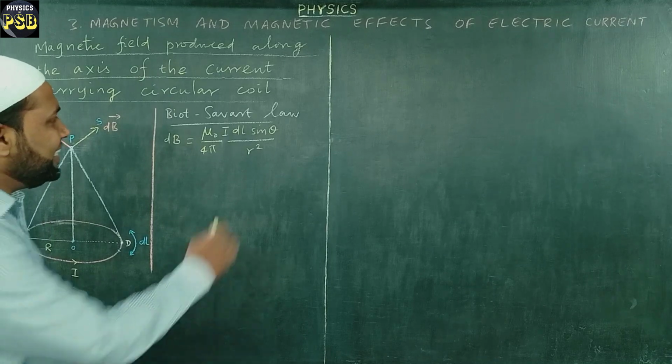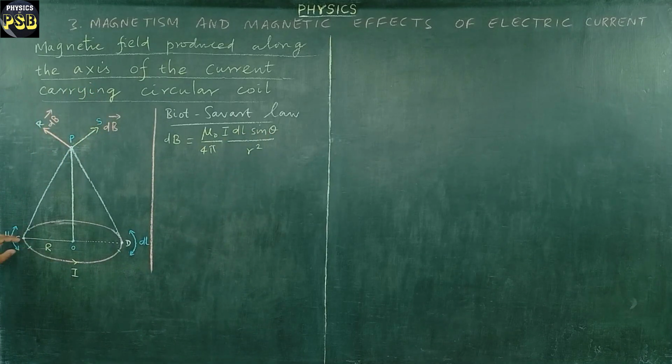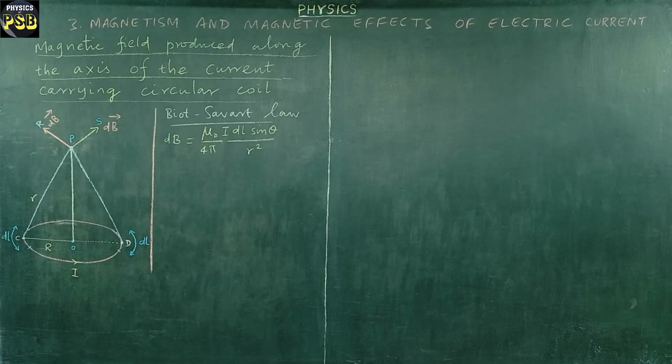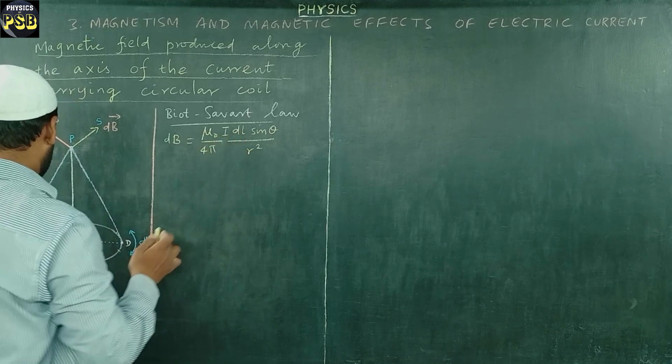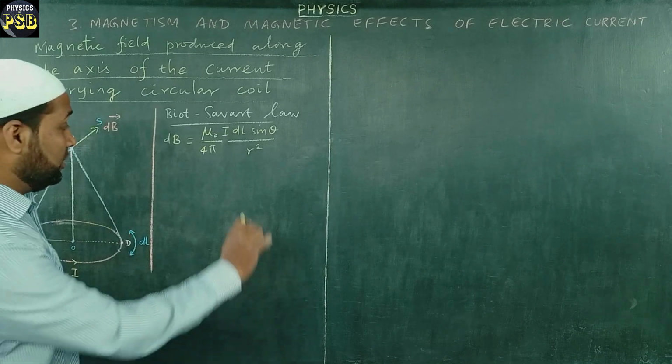Clear? And here theta is the angle between IDL, the current element, and R. What is R here? R is nothing but the length of the line that connects C and P. R is a vector. So here, theta is the angle between IDL vector and R vector. Clear? And it is found to be 90 degrees. Why is it so? Let me tell you.